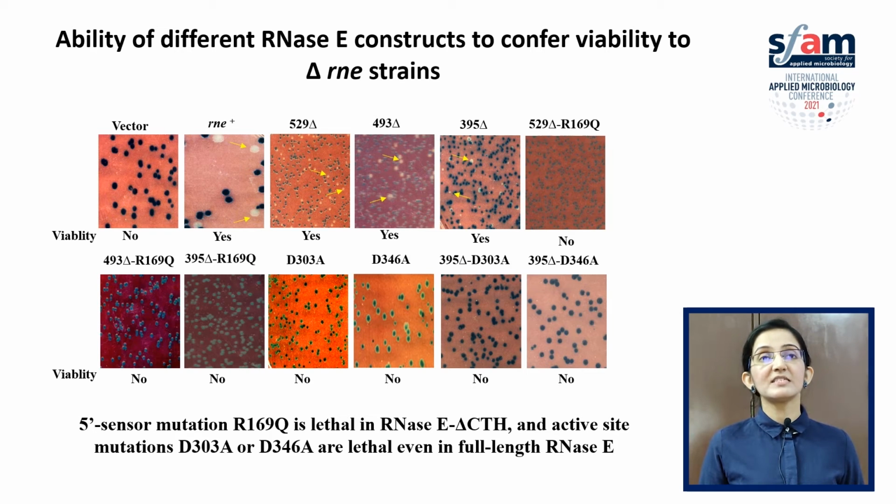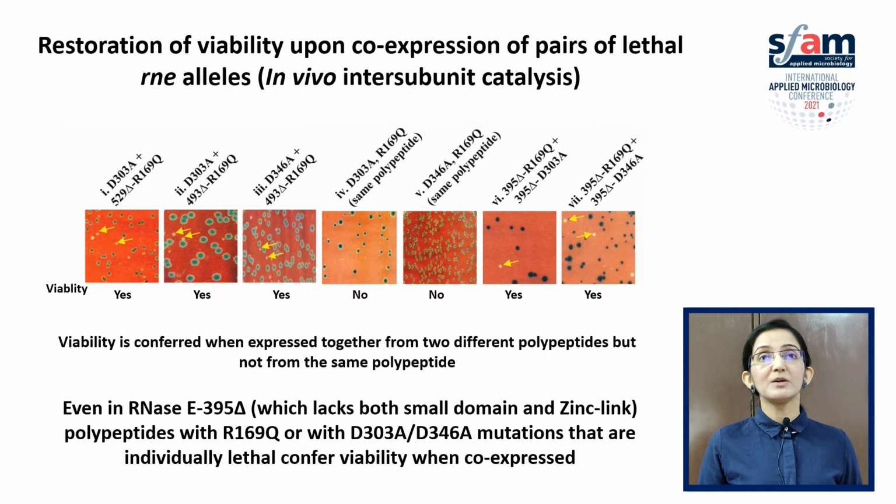Based on the assay, visible white colonies indicating viability appeared on rnz plus 529 delta, 493 delta, and 395 delta, while the 5' sensor mutation R169Q was lethal in RNase Z delta CTH, and active site mutations D303A and D346A are lethal even in full-length RNase Z. Interestingly, there is a restoration of viability upon co-expression of these pairs of lethal rnz alleles, demonstrating in vivo intragenic complementation.